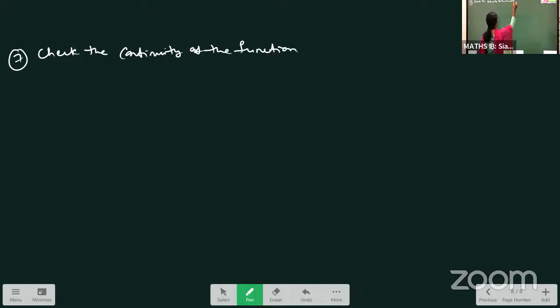Check the continuity of the function at 1 and 2.